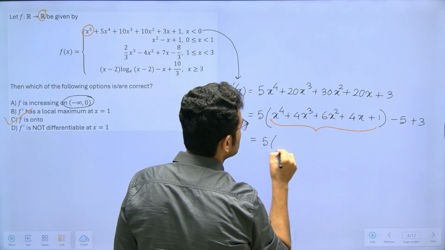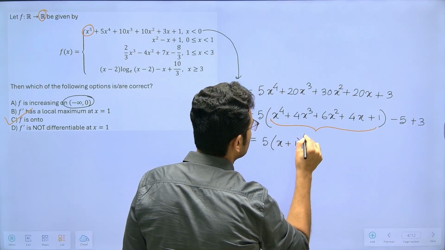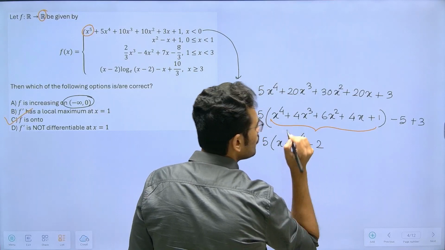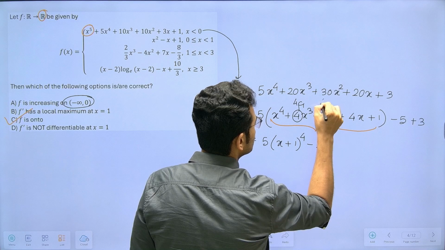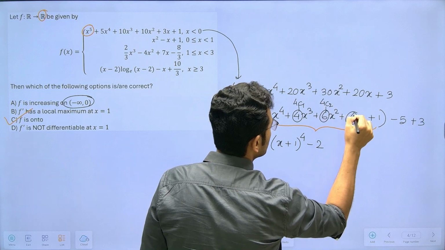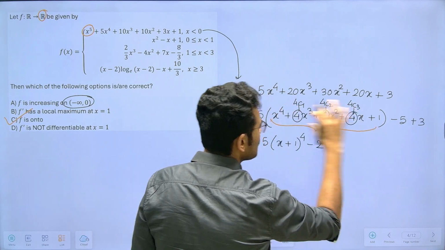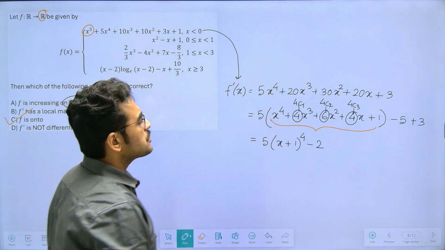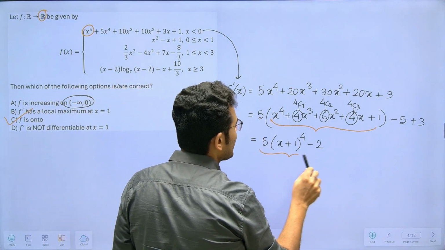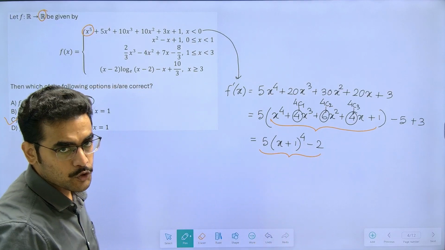This is actually the expansion of x plus 1 to the power 4, minus 2. Okay, because this 4 is 4c1, this 6 is 4c2, this 4 is 4c3. So this is the binomial expansion of x plus 1 to the power 4. So the derivative is 5 into x plus 1 to the power 4 minus 2.